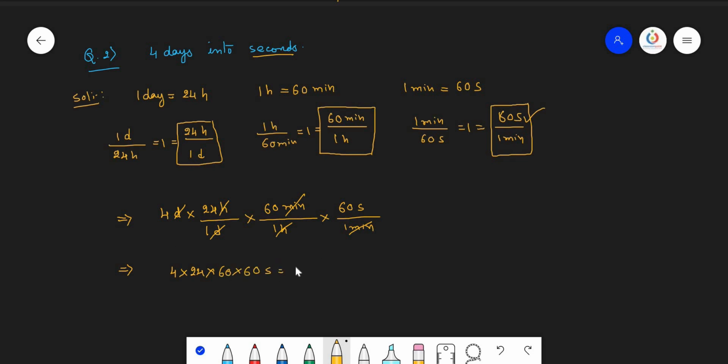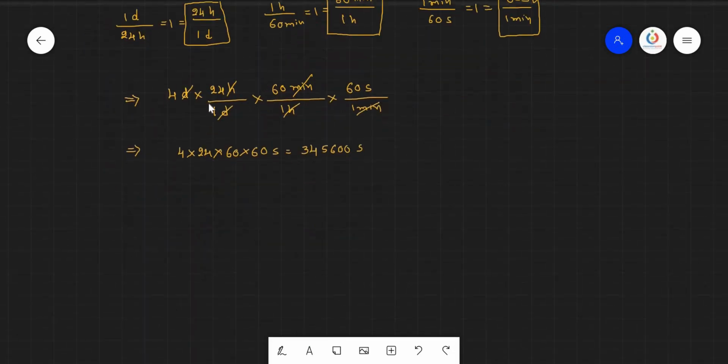So, this value is equal to 3,45,600 seconds. That is equal to 4 days. So, by solving some more questions, you will get an idea.